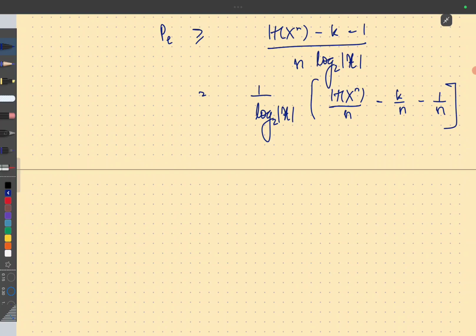So if I want the probability of error to be small, then k over n can't be much lower than h of xn by n. Right?